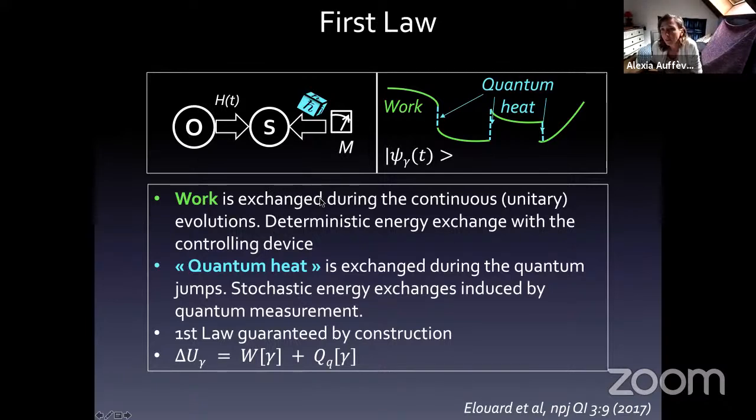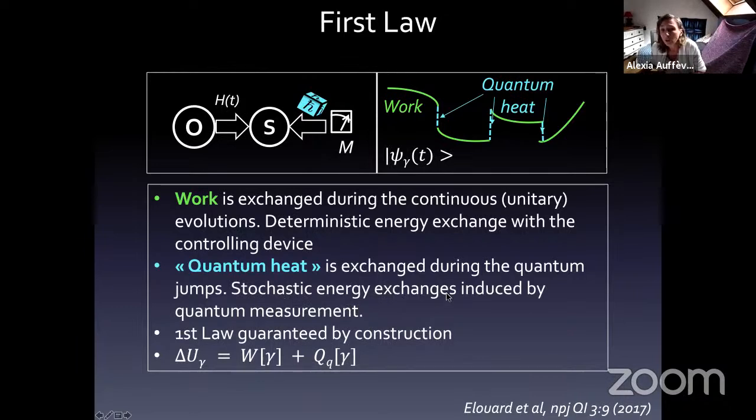Just like in stochastic thermodynamics, I'm going to define work as the energetic quantity that is exchanged during the continuous evolution. It can be seen as the deterministic energy exchange with the controlling device, while heat, and I'm putting quotes here because there is no thermal bath, quantum heat is exchanged during the quantum jumps that are induced by quantum measurement.